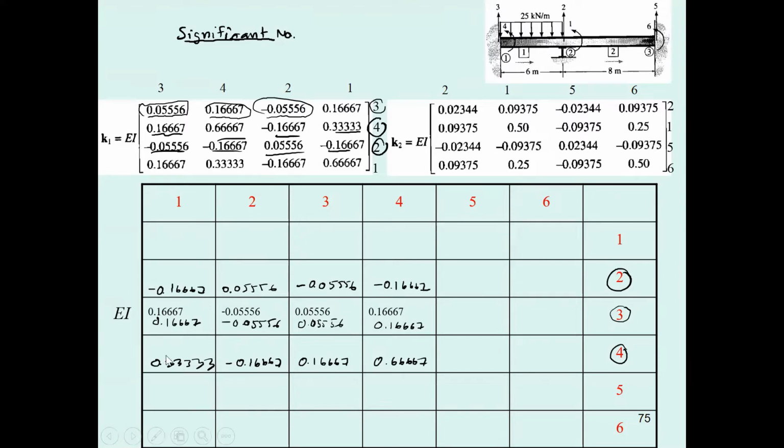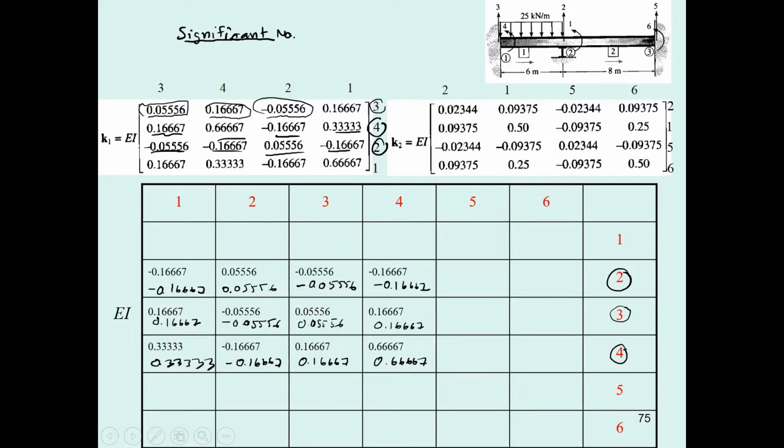So what we have is this one first, 3, 4, and then 2, and then 1, and then 3, and then 4, and then 2, and then 1.